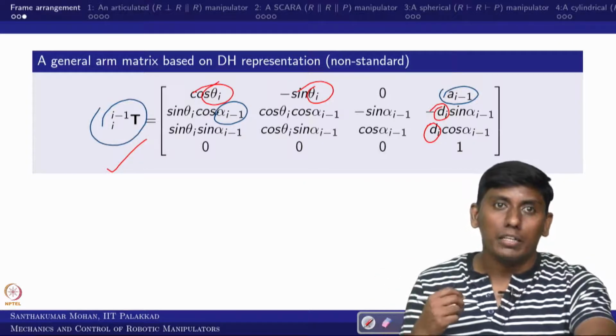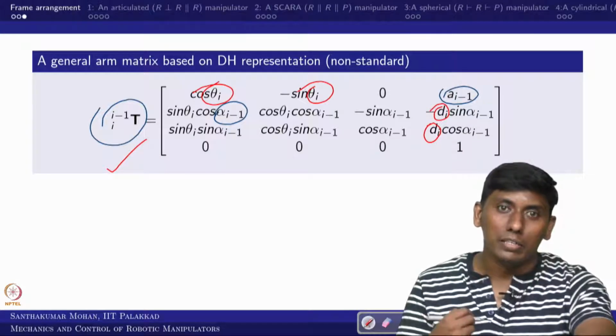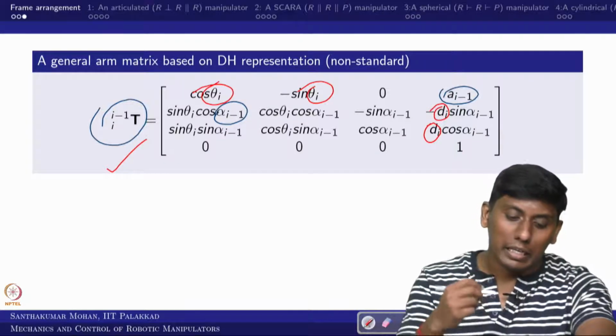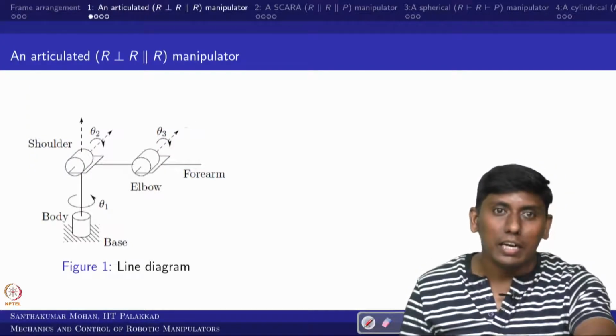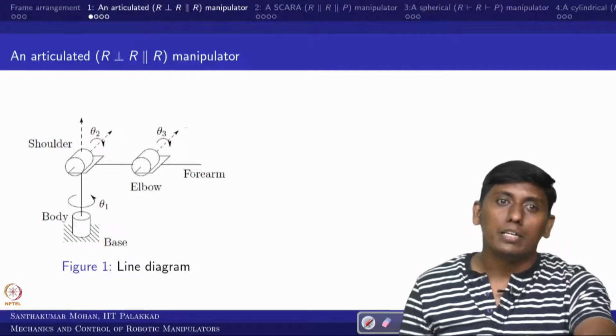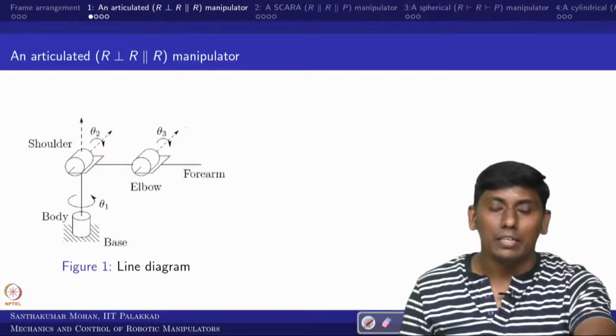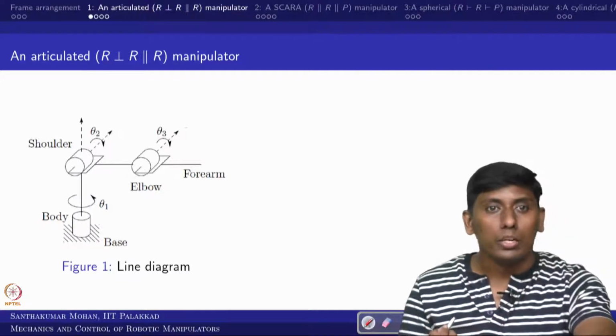For that, we will take an example, substitute, and see how it goes. One classical example is the articulated manipulator. Articulated means it articulates, and it has all rotary joints.